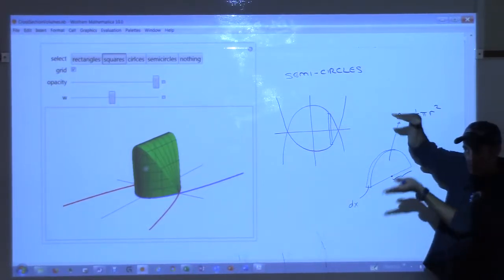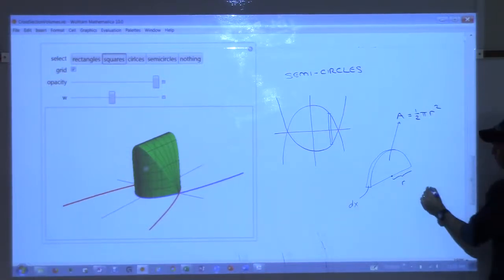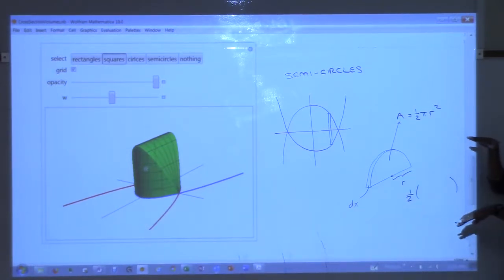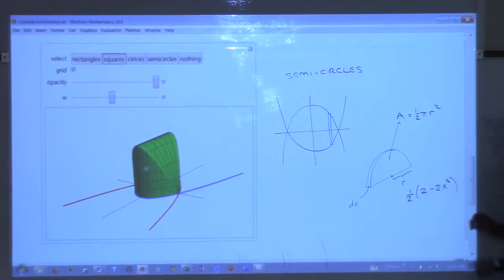You have to do the whole distance divided by 2. So my radius is what? It's half of the f minus g again, which we already know is 2 minus 2x squared, right? We did that from the previous problem. We know that the top minus the bottom is 2 minus 2x squared, but we're doing half of that. Yeah?